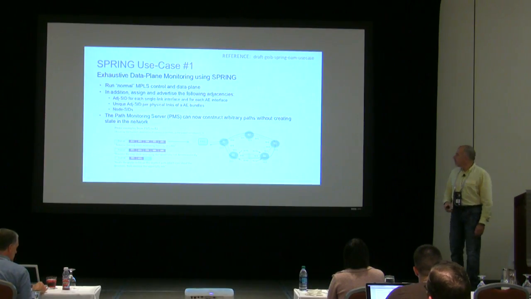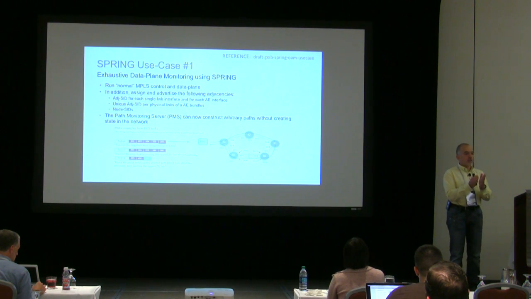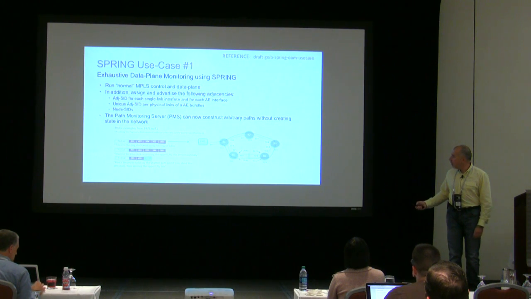And then conversely, if you don't particularly care about which way you go, and you want to focus on exercising that lag, you can use this node SID of 404, which basically says, I want that packet to get to router 4 somehow, shortest path, and then I want to exercise that upper link. So you can create these probes that are really sort of detailed.